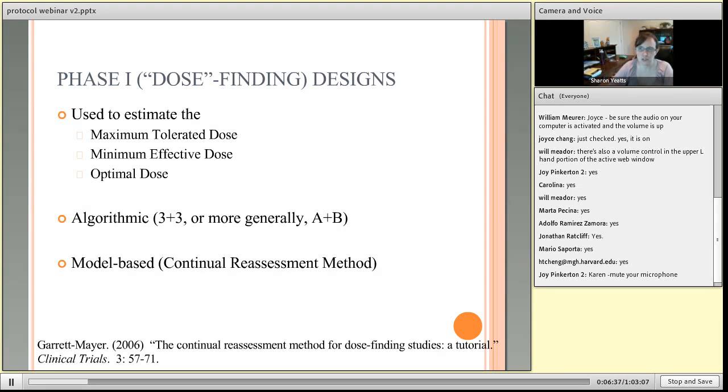We recently completed a study of deferoxamine in ICH, and for us, the maximum tolerated dose was defined as the dose at which no more than 40% of our patients experienced a dose-limiting toxicity.